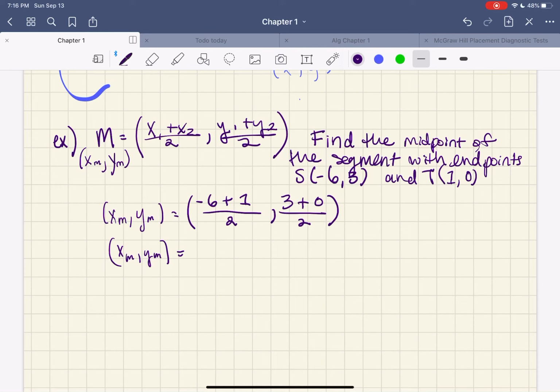Just going to do the simplifying of this here, and I get -5 over 2 and 3 over 2.